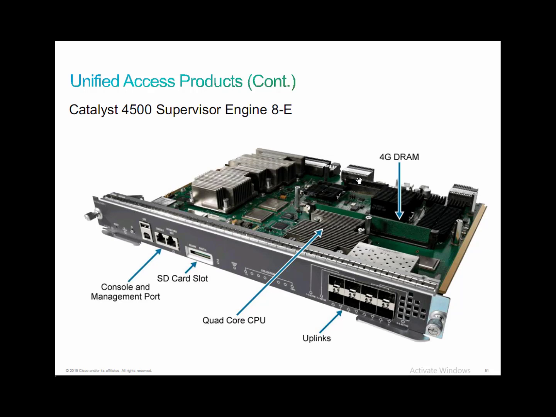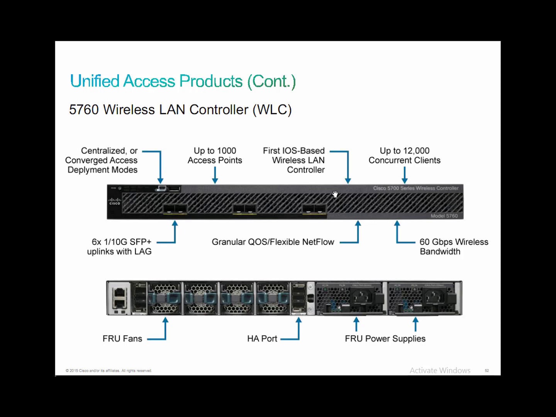If you want to take a look at an appliance version, the appliance model, this is a 5760 wireless LAN controller. It's designed for primarily 802.11ac networks. Okay, you'll notice that from the uplinks themselves. The 6x1 or 6x10 gig SFP+ uplinks with link aggregation.